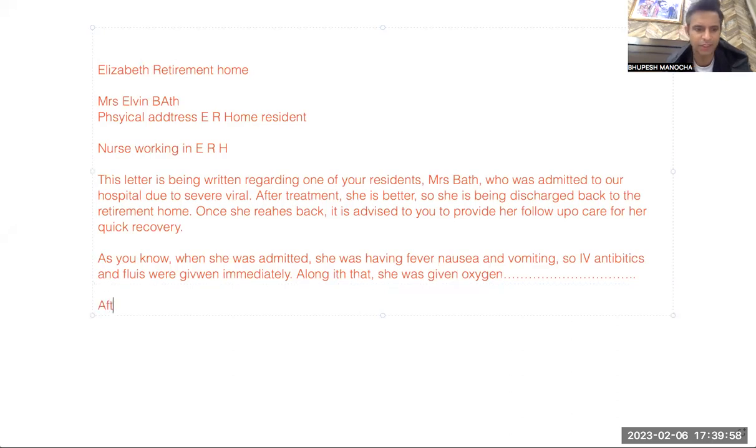Then after discharge to the retirement home, you are advised not to write it would be greatly appreciated, because obviously they will do. You can write it would be greatly, but try to avoid this line. So after discharge to the retirement home, you are advised to do this thing.